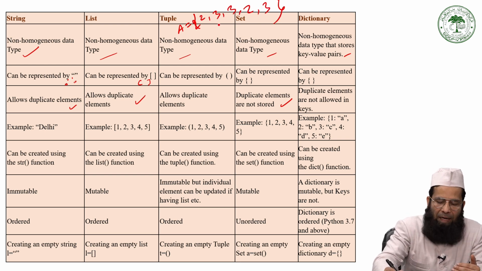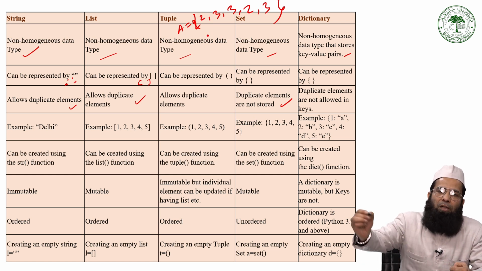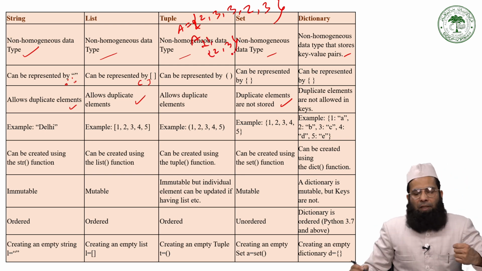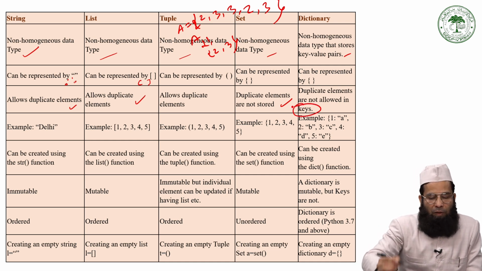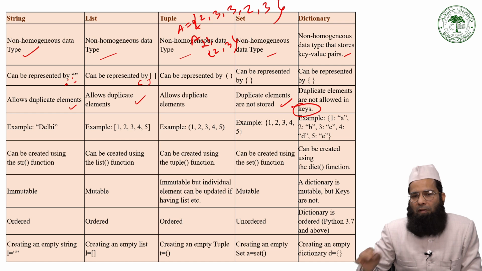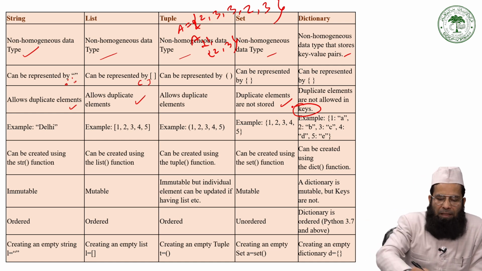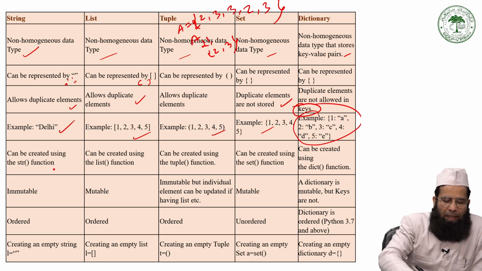It won't give me an error, but internally unique values would be stored. So if I print A, it would give me only 2 and 3, right? Similarly, duplicate elements are not allowed in keys. As far as keys are concerned, duplicates are not allowed, although you can store duplicate values. Example is this one. Here is the example of list, then tuple, similarly set, and in this way we use dictionary.